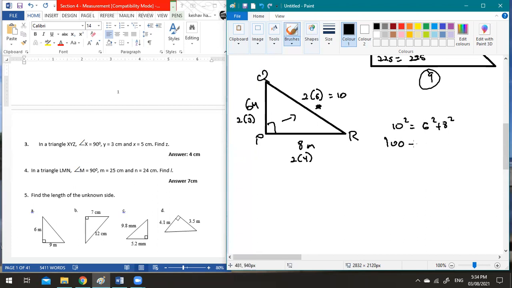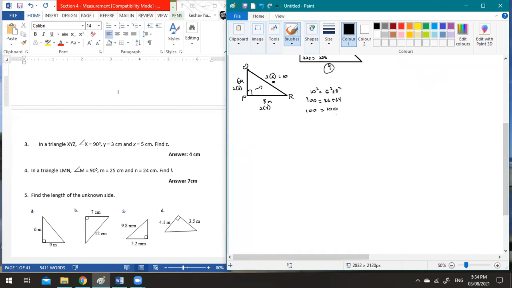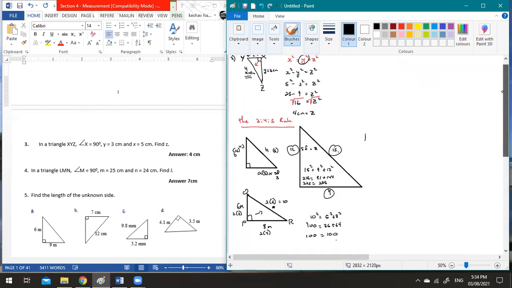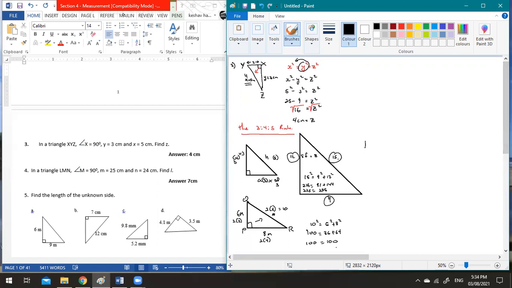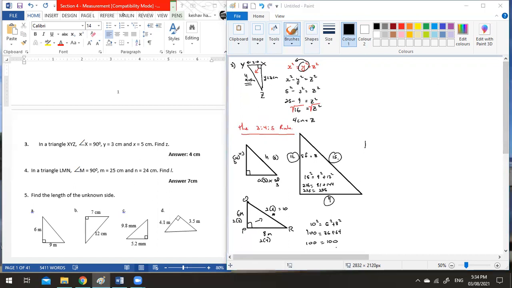So it's 100 is equal to 36 plus 64, and we'll see that it is equal to 100, right? So this is called the 3, 4, 5 rule. It is used in construction mainly to help give a right angle triangle where you have to build a wall or you want to make something at a right angle.